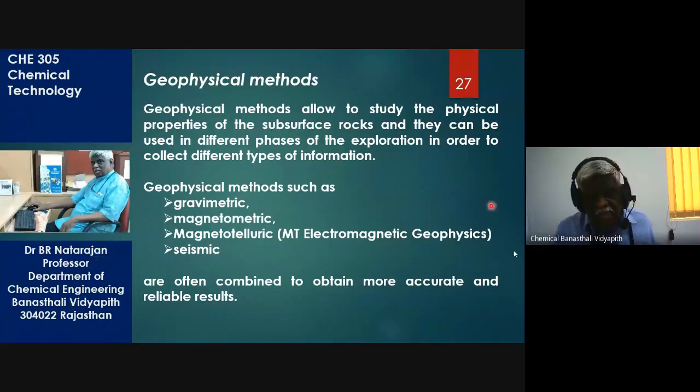Magnetotelluric means magnetic properties as well as electrical properties. Then comes last, seismic. Seismic is, as I told you, like in the area where oil is to be found, I'll put dynamite sticks and ignite. Right? So it causes a mini explosion, similar to what an earthquake would have done.